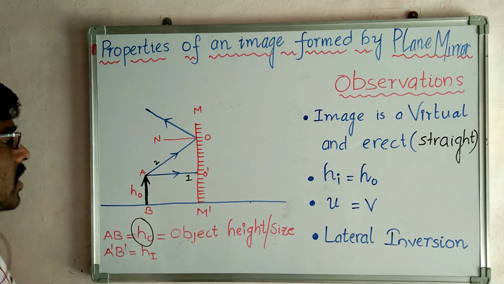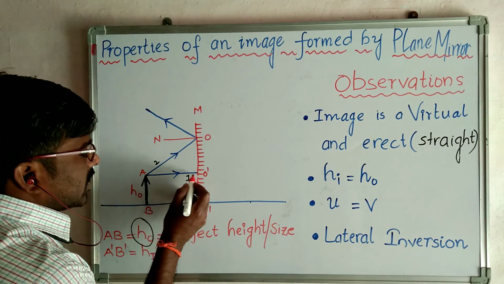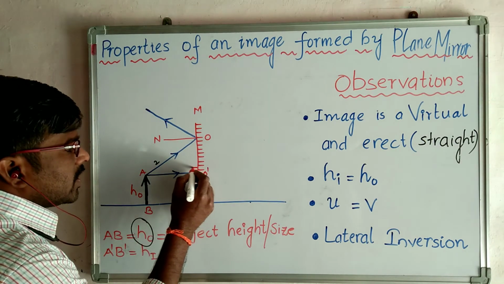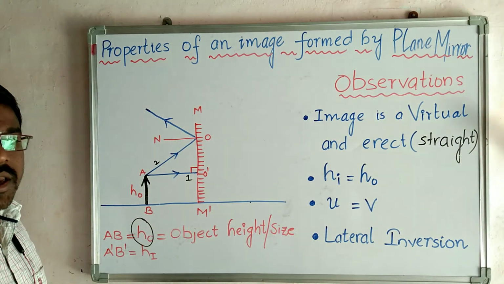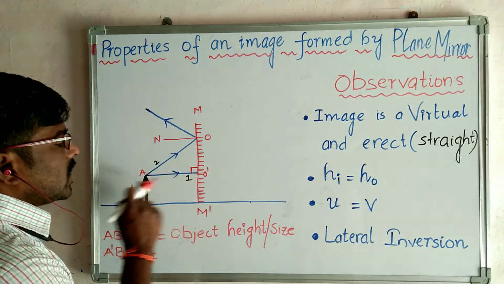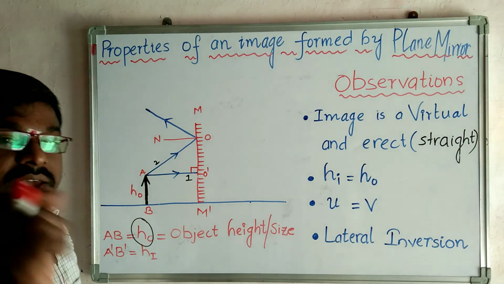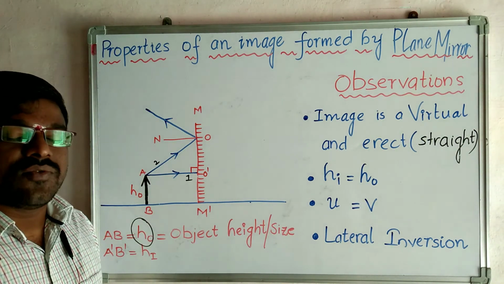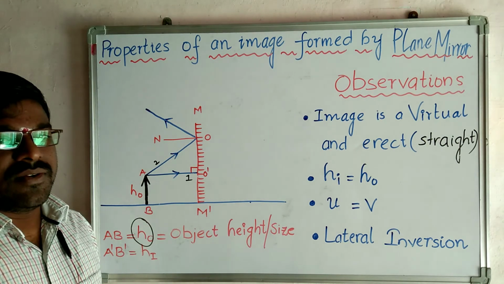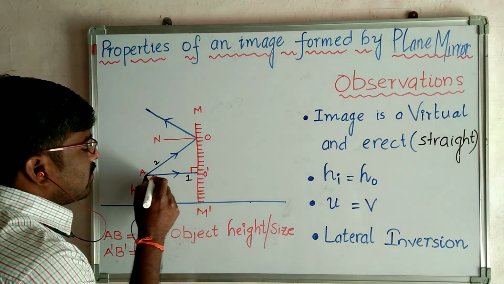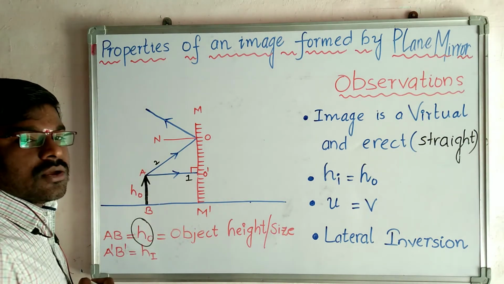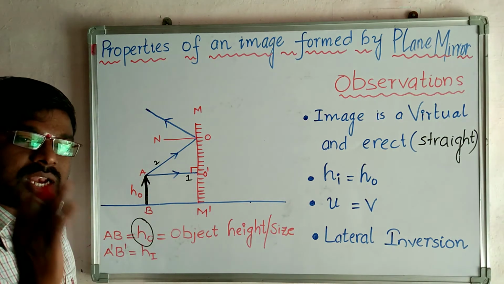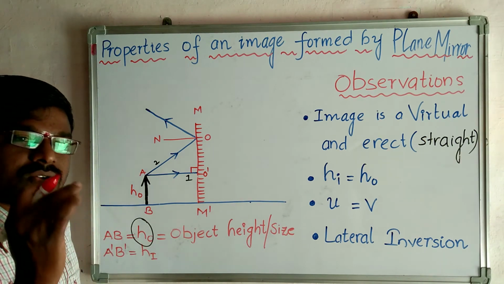Let's say this is the first incident ray, which is incident on the mirror normally. I need to find the direction of the reflected ray also. So I draw the normal along the incident ray only. Why? Because the normal is always perpendicular to the mirror at that point.